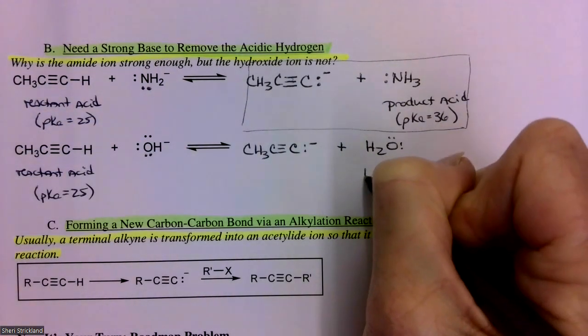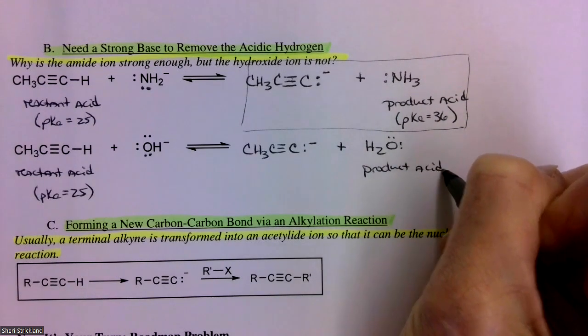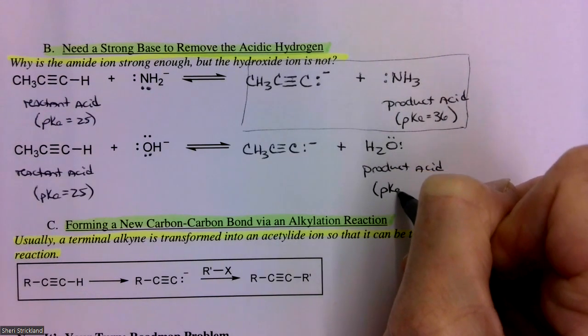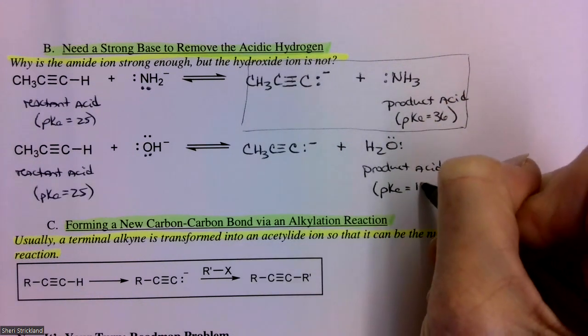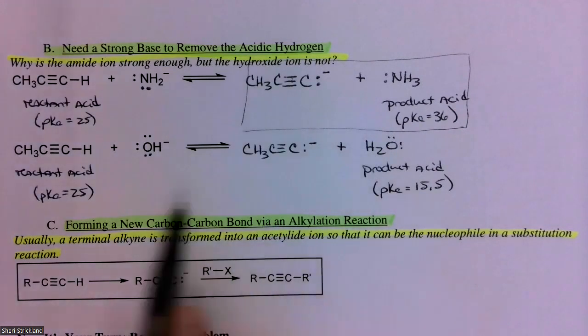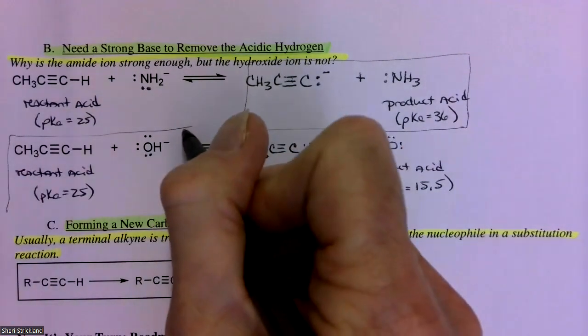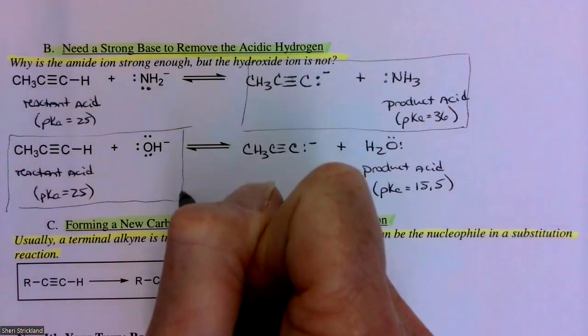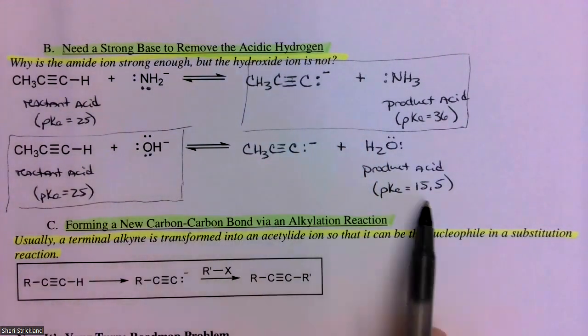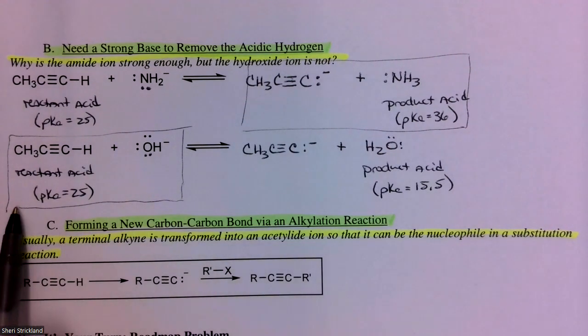And then the product acid has a pKa of 15.5. Okay, so in this case, the weaker acid is on the left-hand side. So you know that at equilibrium, these guys would predominate. And again, this is pretty close to a 10-unit difference. So this is pretty much 100% on this side.